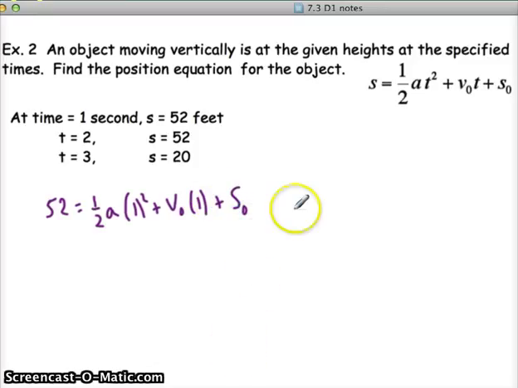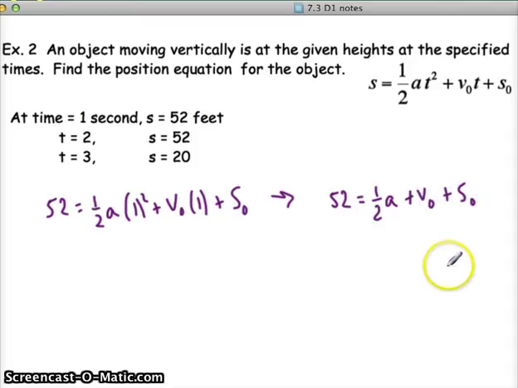That would be one equation, and I could rewrite that. I could do 52 equals, because 1 squared is 1 and 1 times 1/2 is still 1/2, so I could write it as 1/2 a. I'd have 1 v sub 0 and I have an s sub 0. That'd be one equation.